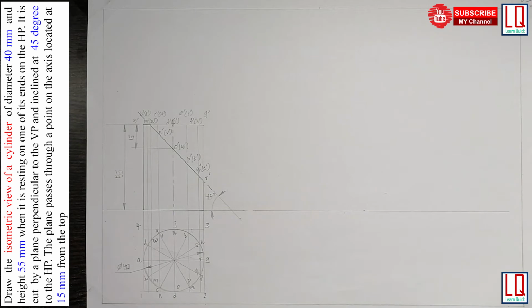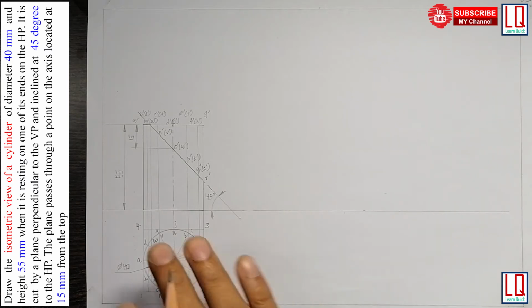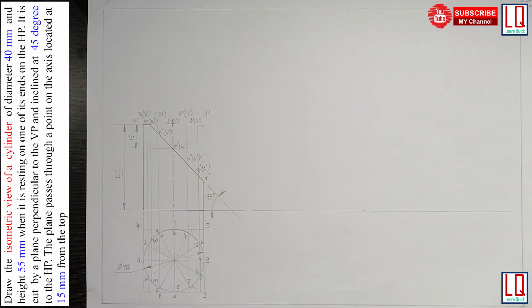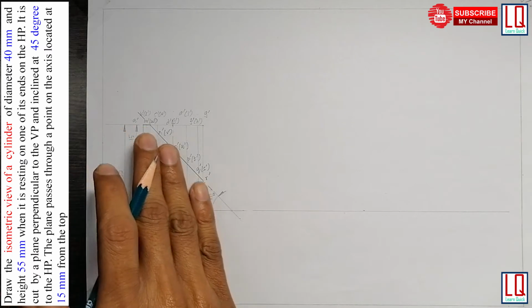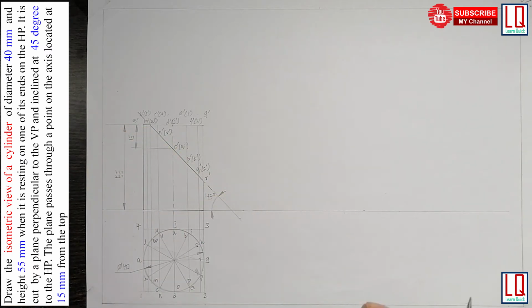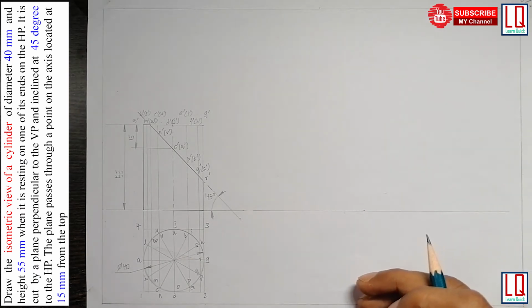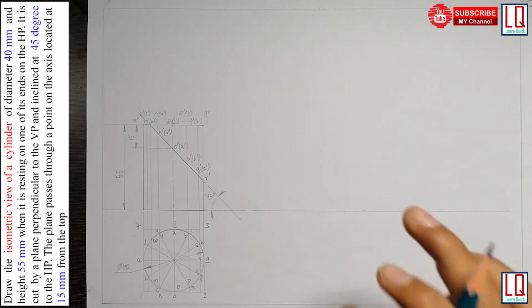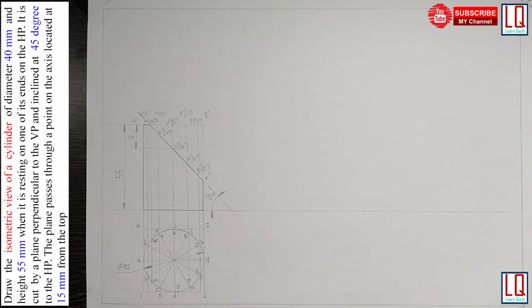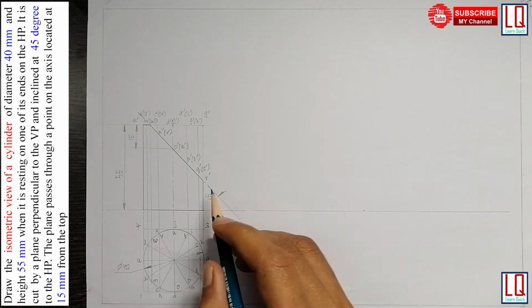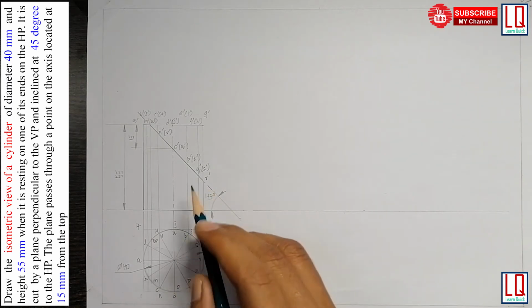Here either I have to consider the corner 1 or 2, but in this case the solid is truncated and the surface is having a slope, and I should make sure the slope is visible in my isometric view. So to confirm, you have to choose the corner which has the lowest point of your solid.